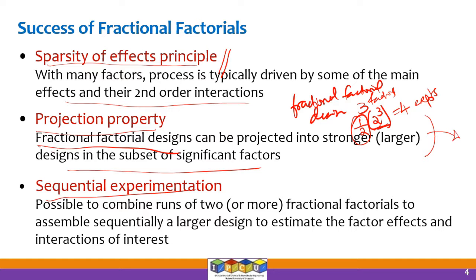So this is going one way. This is the other way. Let's say you do several fractional factorials. What you can do is combine them into a full factorial in a higher dimension. For example, if you have 2 half factorials in 3 variables, you would be able to combine them into a single full factorial in 3 variables. That is what it means. So these go in the opposite direction.